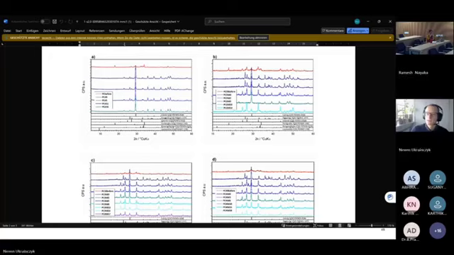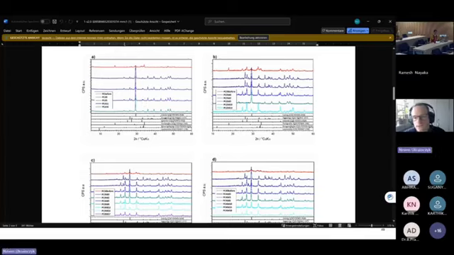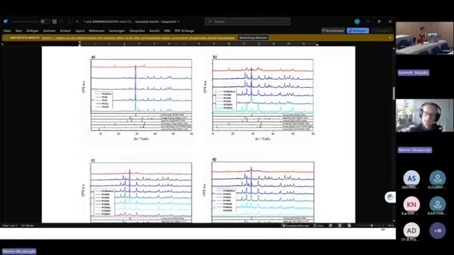But even so, the most important thing is the ratios. If you have a standard, you should not compare the peak heights directly, but you should compare the ratios of the intensities.